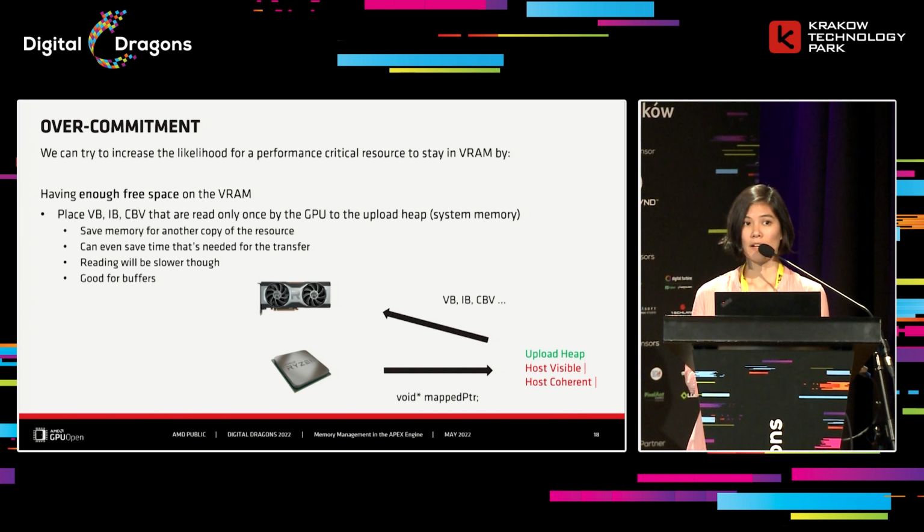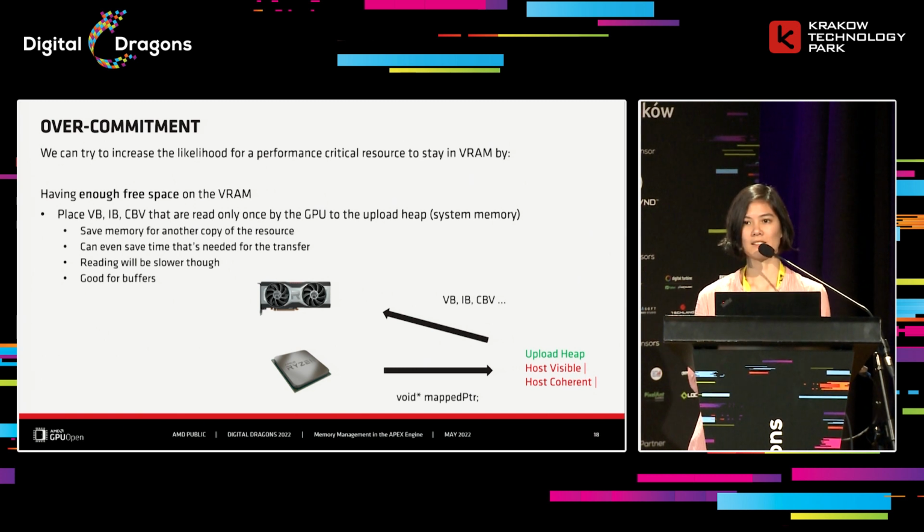You can also try to place vertex buffers, index buffers, and constant buffers in system memory and just directly read from it from the GPU. This might be useful, especially if you just read it once. The typical use case is that you have them in system memory, then you have a copy of them in video memory, and then you just copy it over, and then the GPU reads it fast from the video memory.